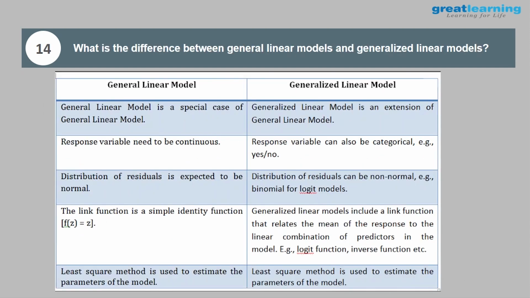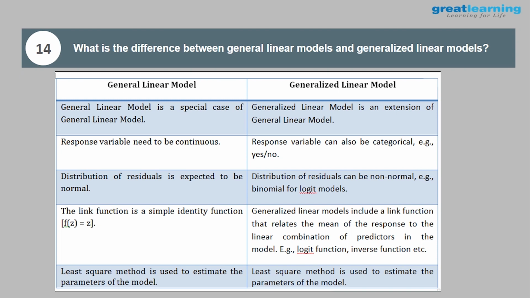Now let's go to the next question. What is the difference between general linear models and generalized linear models? Now we will have a look at what is a general linear model. A general linear model is a special case of the generalized linear model, and the generalized linear model is an extension of the general linear model.